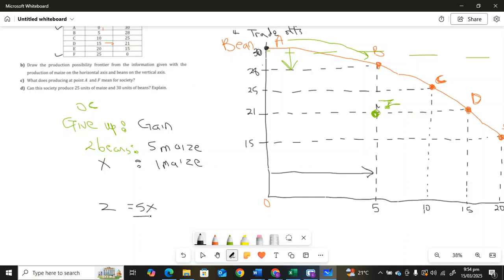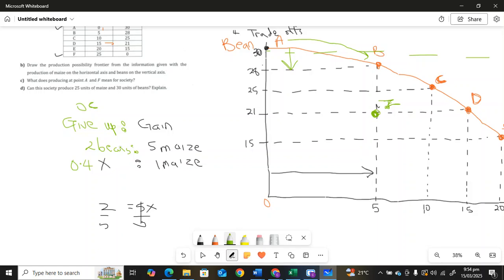To get the value of x, divide by 5, divide by 5. 2 divided by 5 is 0.4 beans. Okay, 0.4 beans.